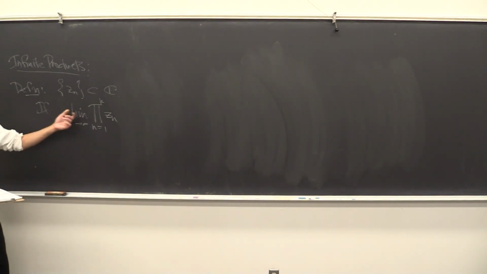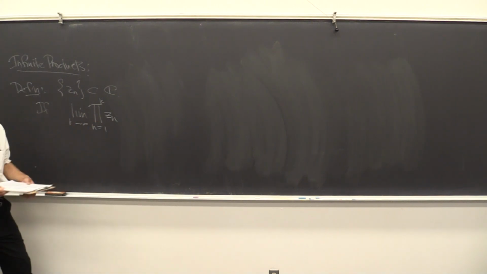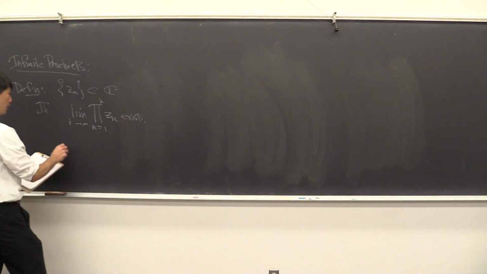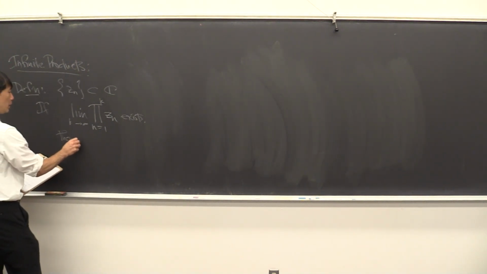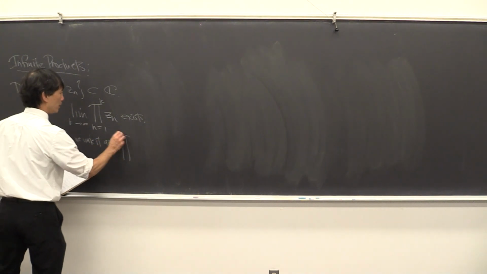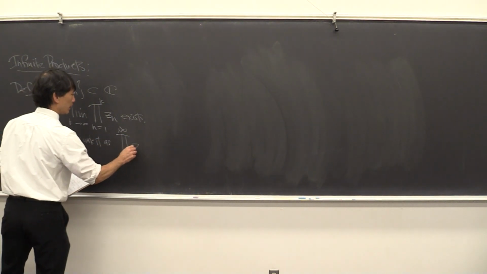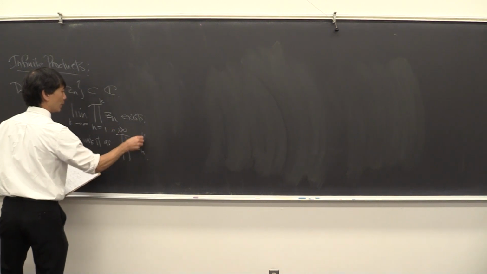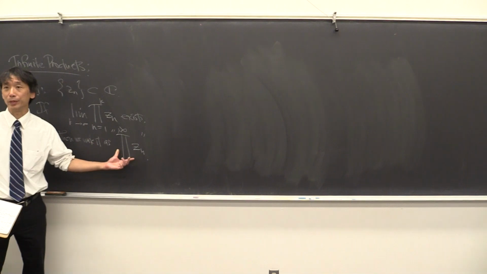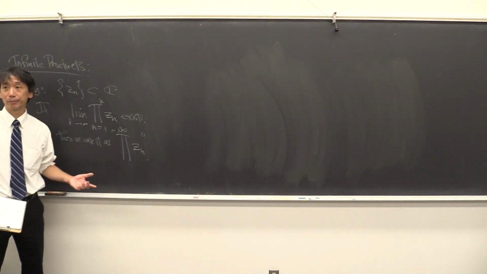Well, look, if the limit of the partial products exists, then we write it as this thing, right? As the infinite product. Okay, so we say that this infinite product converges to that value.